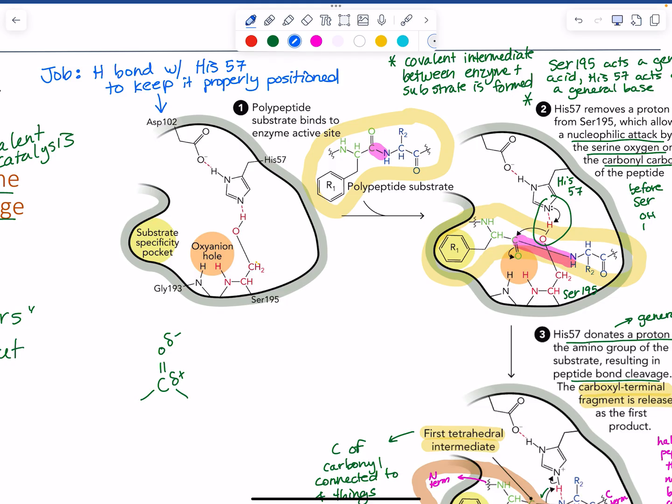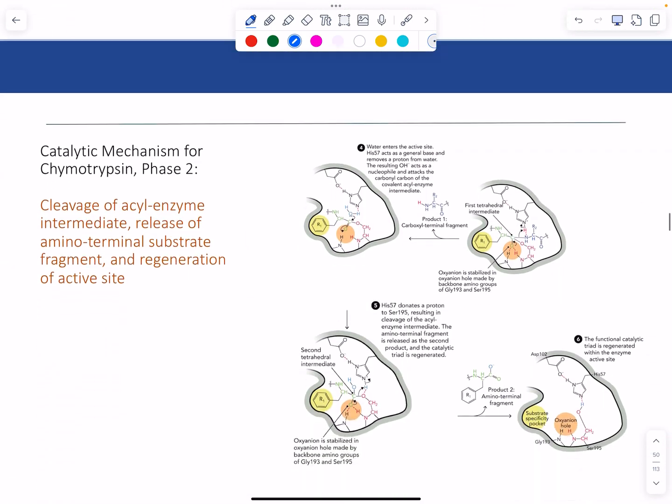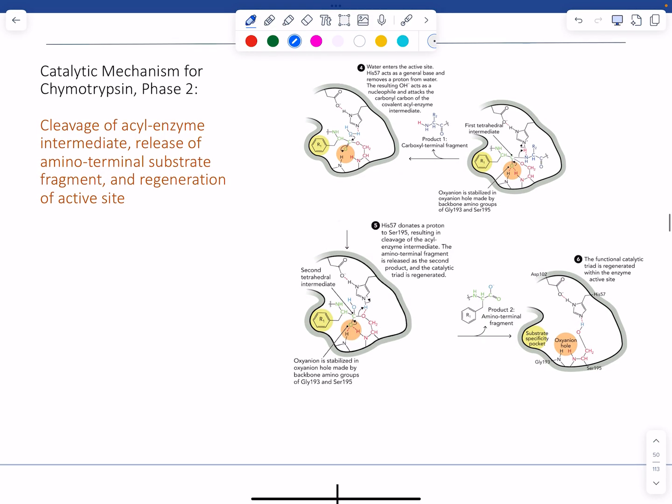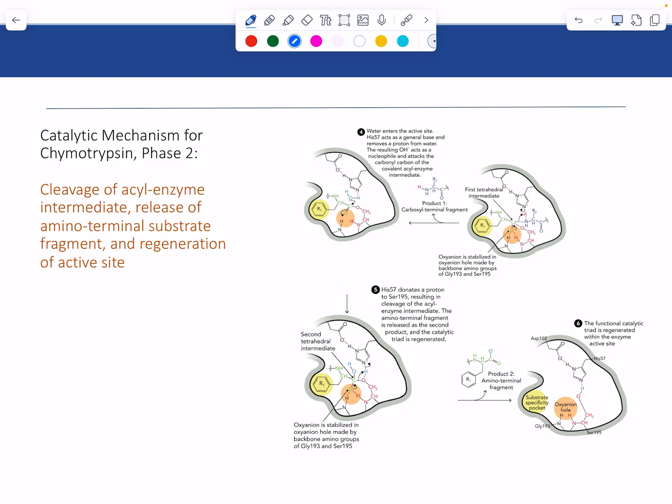All right. So now we're going to talk about phase two, where we solve both of our problems. Problem number one, we need to release the amino terminal end of our substrate. And problem number two is we need to regenerate the active site.